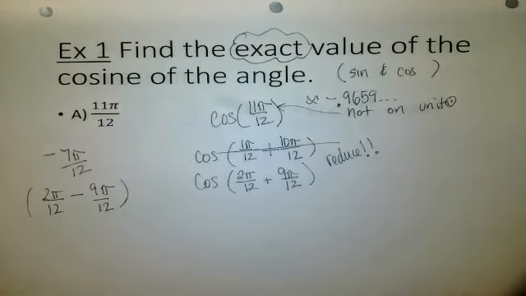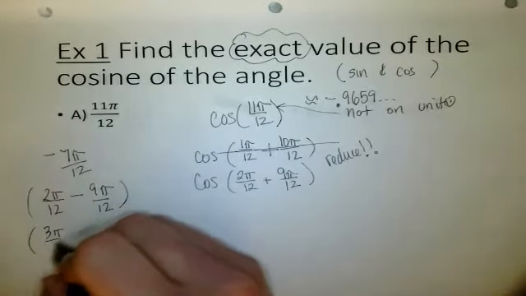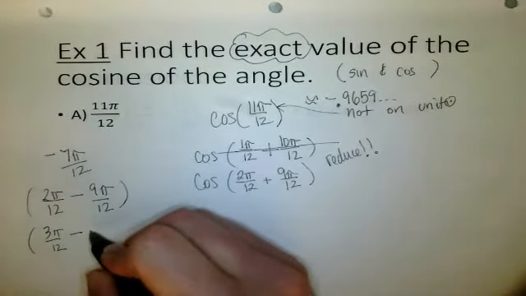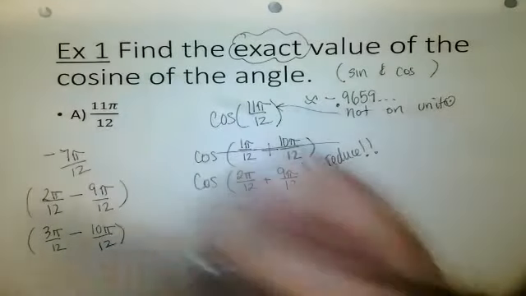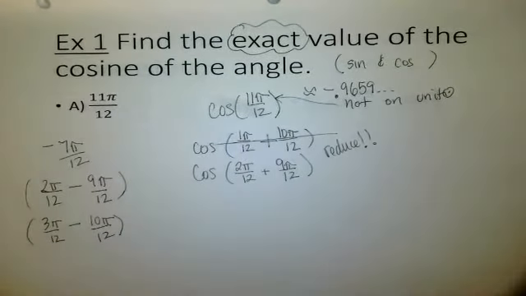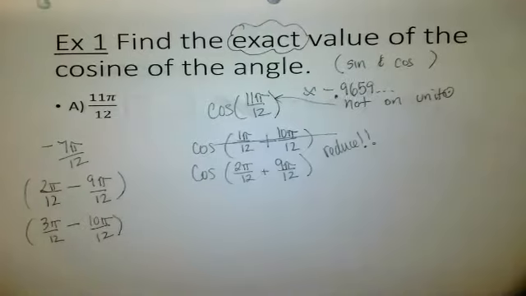And it reduces. That's nice, right? And there's lots of those options. We can just go down the line. I could do 3 pi over 12 minus 10 pi over 12. That also gives me negative 7 pi over 12, and it reduces. There are an infinite number of these possibilities. So keep that in mind. If it's negative, you can subtract pretty easily.